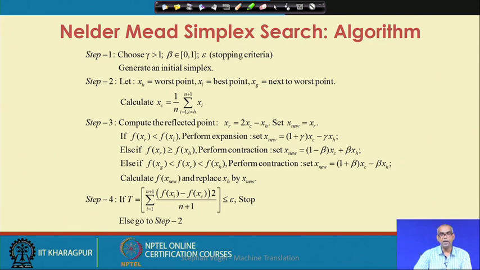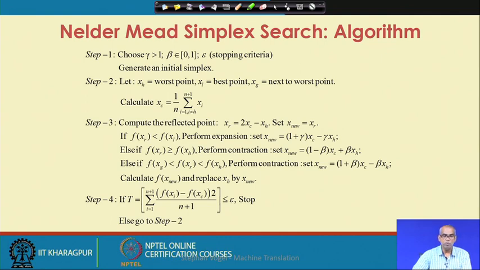So, the second highest function value is at xg. So, you can calculate the centroid as shown. You just have to sum up all the points excluding the point where the function value is highest, that means exclude the worst point, and divide by n.